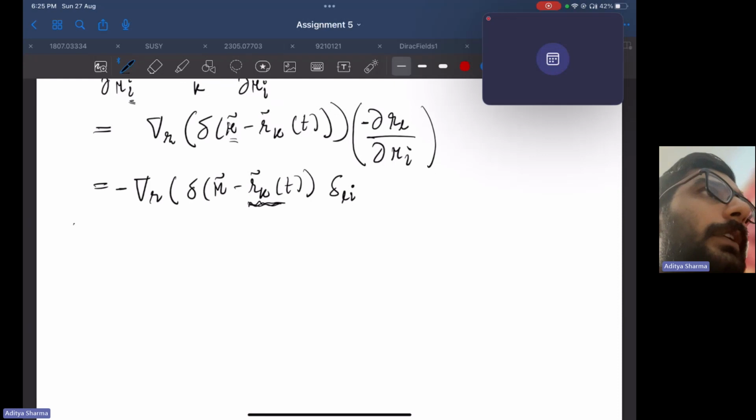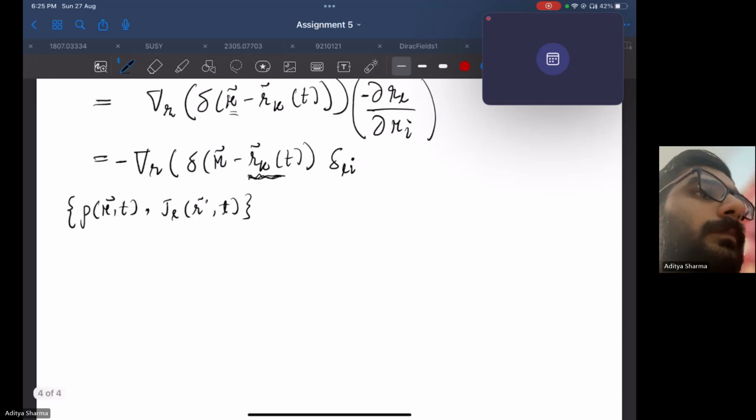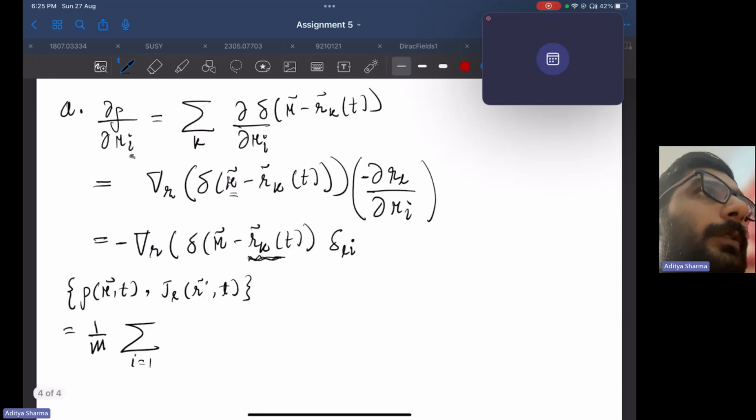Now, when we look at this thing, we have 1 by n sum over i from 1 to n.